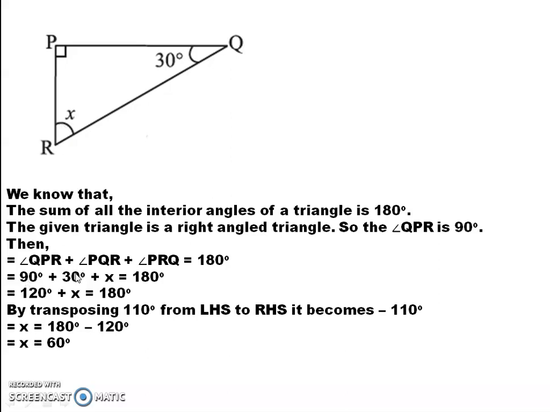So 90 plus 30, 120. 120 plus x is equal to 180 degrees. Now transposing 120 to the right hand side, x is equal to 180 minus 120. x is equal to 60 degrees. So the value of the unknown x here is 60 degrees.